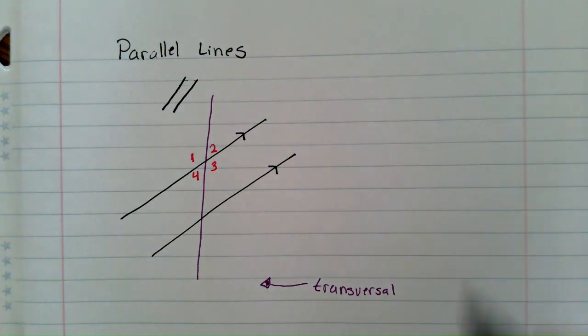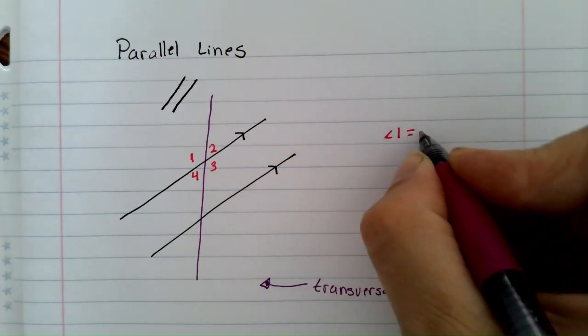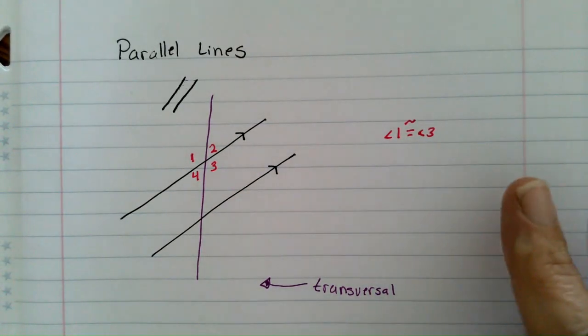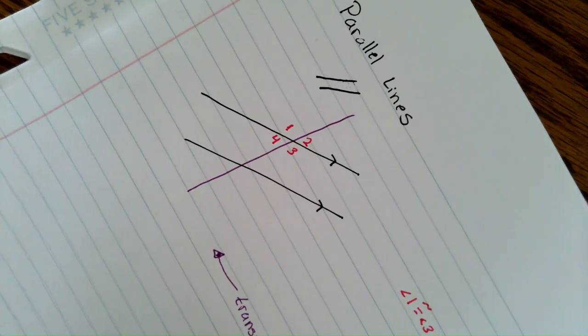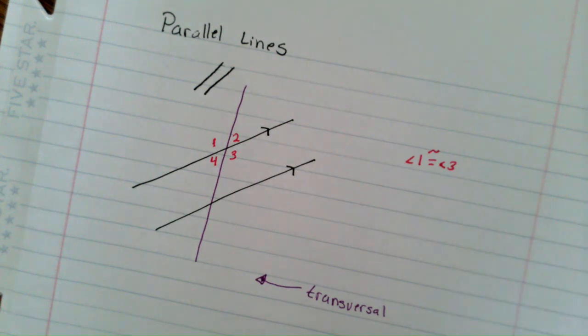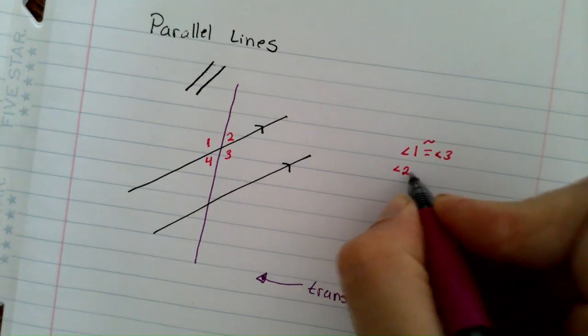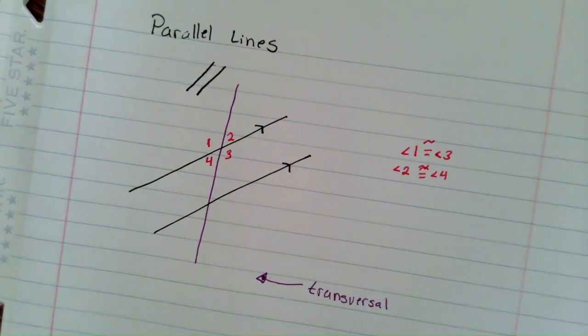What you'll notice off the bat is that angle 1 is going to be congruent to angle 3. If you've watched some of my previous videos, you'll understand why. If I turn them like this, we can see that they're vertical angles. They're straight up and down from each other, right? That's not the only pair of vertical angles that we have. Angle 2 is congruent to angle 4, again, because of vertical angles.